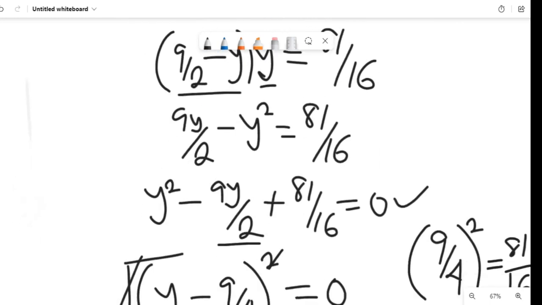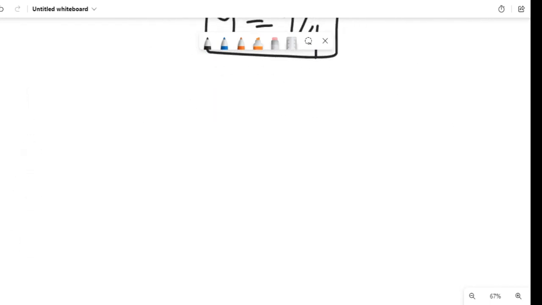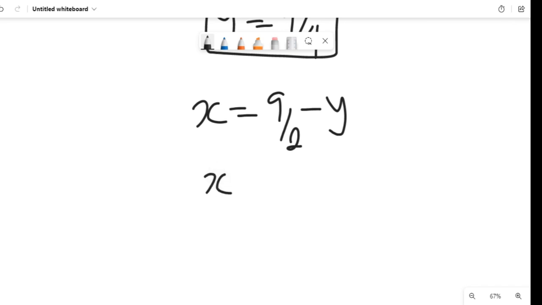So let's substitute the value of y, 9 divided by 4, into that. We'll have x equal to 9 divided by 2 minus 9 divided by 4.